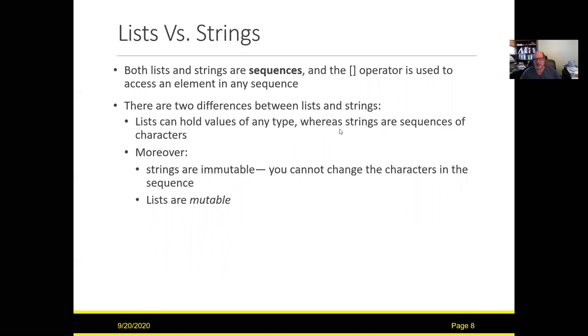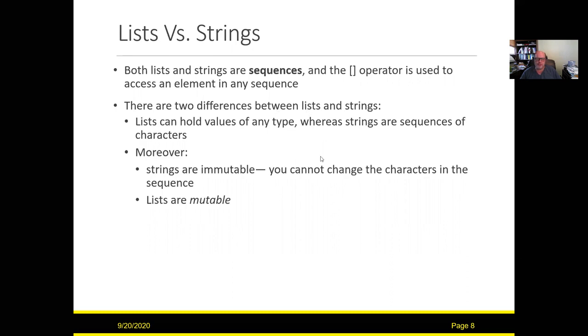In C++ or Java, if your array is integer, you have to use everything as integer, or if it's a string, it has to be all strings. But in Python, you can have the first element as an integer, the second one as a string, and so on and so forth. Let's not go overboard with that. We're going to get there.